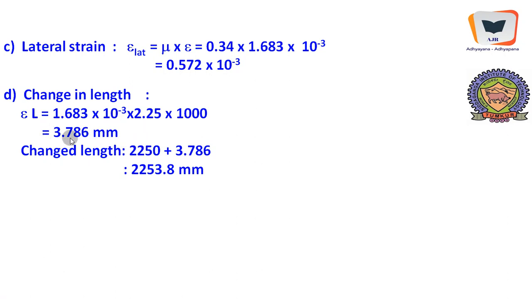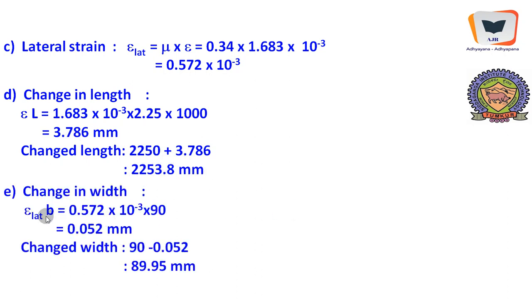Change in length is 3.786 millimeter, or the amount of elongation is 3.786 millimeter. Therefore, the changed length is the earlier length 2.25 meter, or 2250 millimeter, plus 3.786. So length goes for an increase.